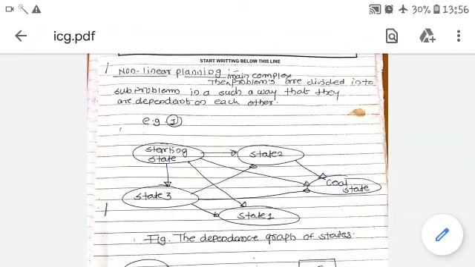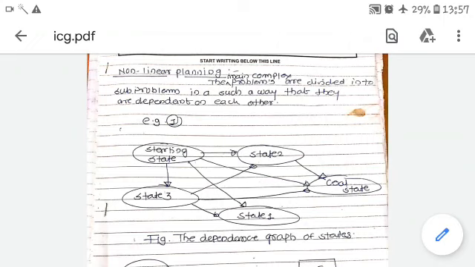Okay, non-linear planning is exactly opposite to linear planning. So what was the concept? Linear planning is a planning technique in which the main problem is divided into sub-complex problems in such a way that the sub-problems are independent of each other.